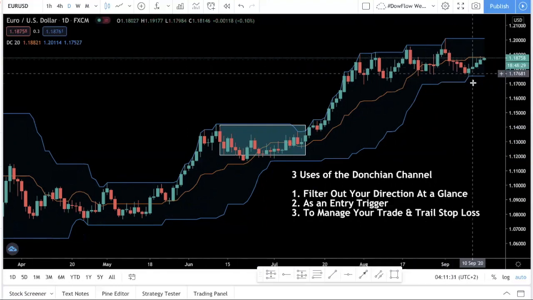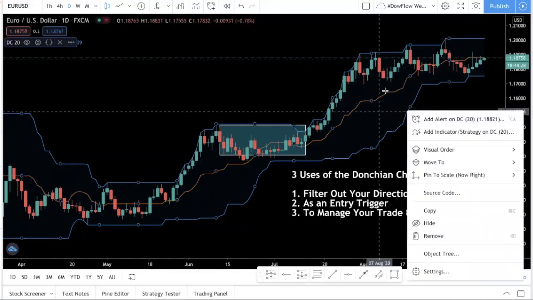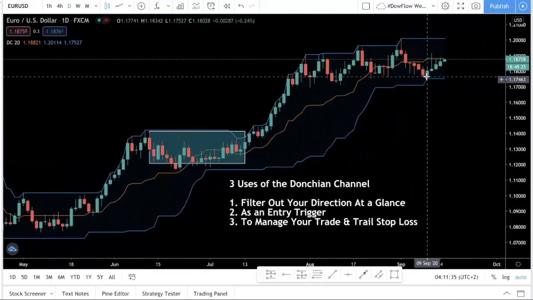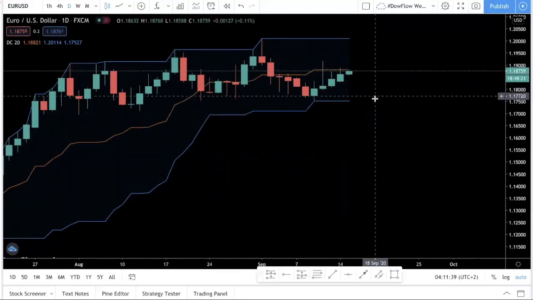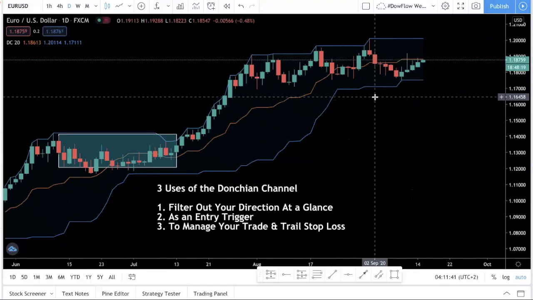If it's below, you want to be selling. That's just a general rule of thumb. Of course, in this case we are in an uptrend and price is below the orange line, so you would still want to be buying because the market structure tells you to buy. But this is a very good filter to tell you at a glance. This assumes you are not too experienced yet and can't tell the market structure, so this is a good tool to use.